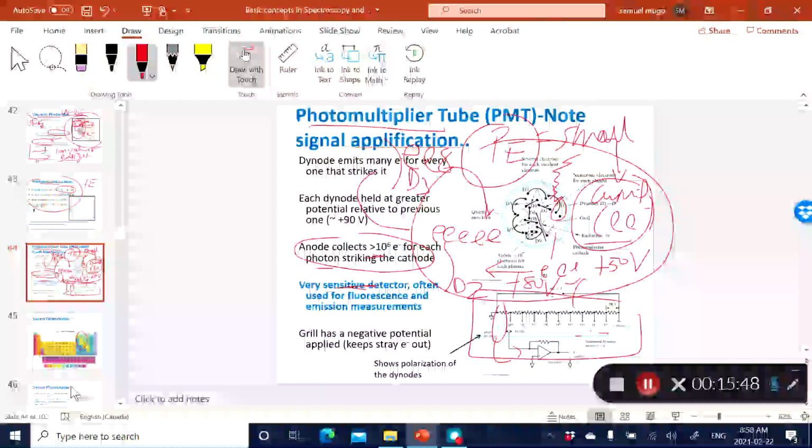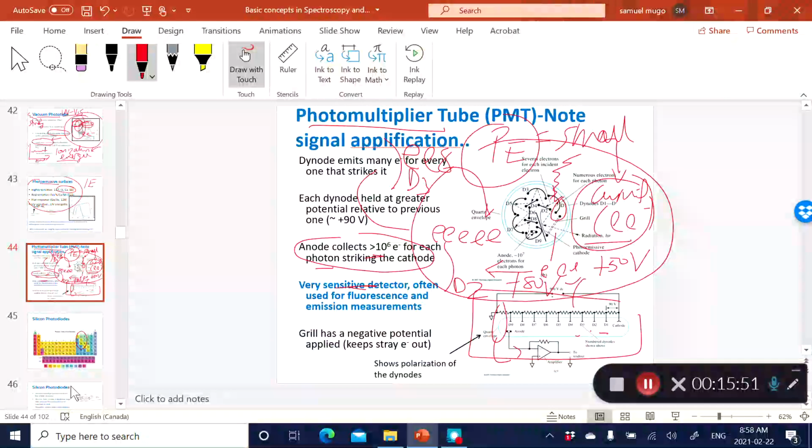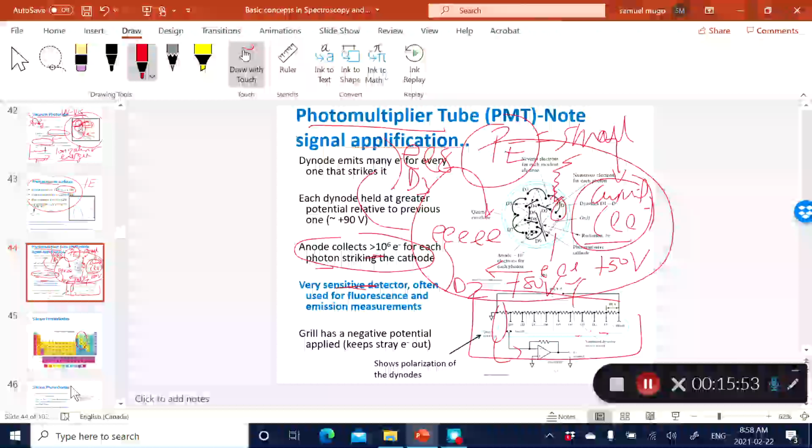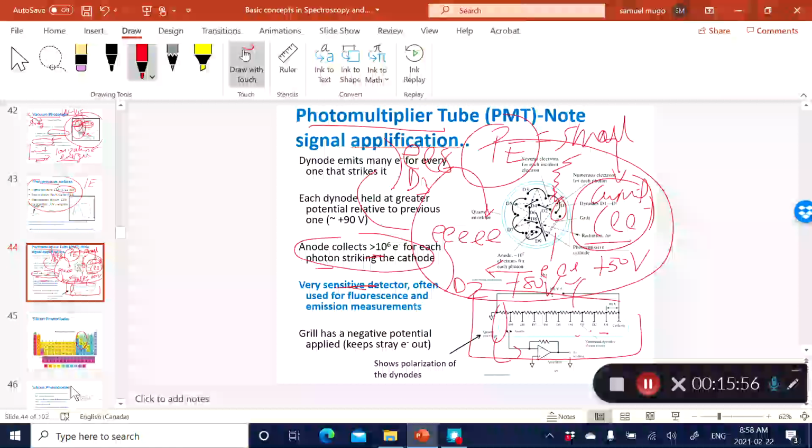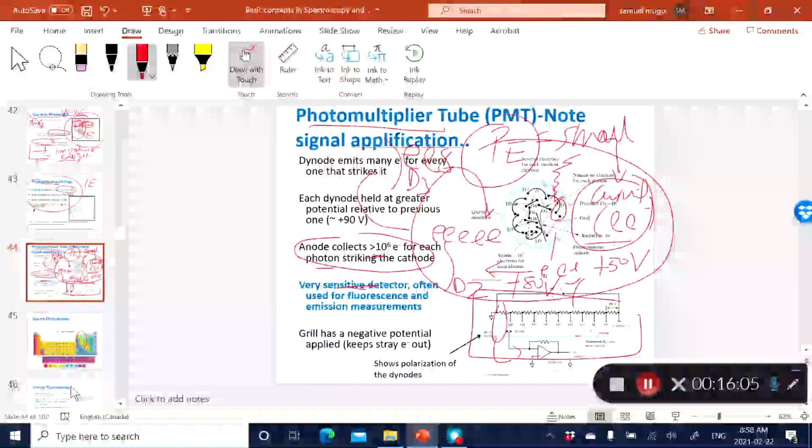And so that's how you actually move electrons or even any charged particles, and we're going to talk about this in mass spectroscopy. The way you move ions or any charged particle through a tube, for example, or into a detector, basically you do that by applying a positive voltage in the case of electrons.